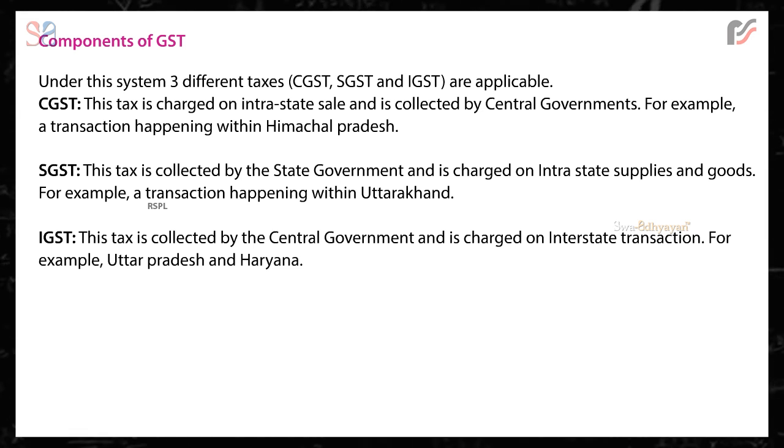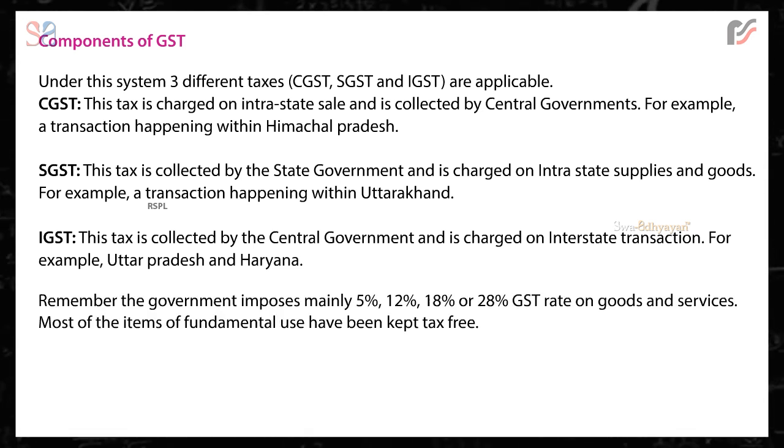For example, Uttar Pradesh and Haryana. Remember, the government imposes mainly 5%, 12%, 18% or 28% GST rate on goods and services. Most of the items of fundamental use have been kept tax-free.